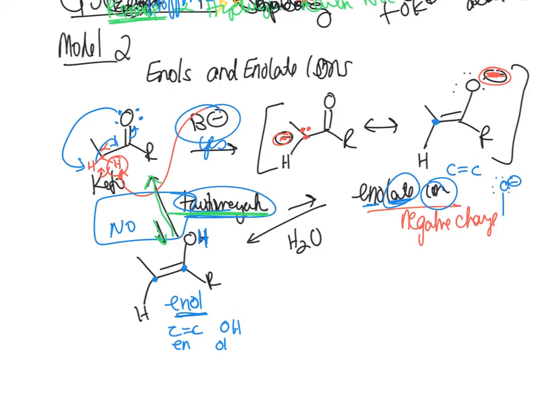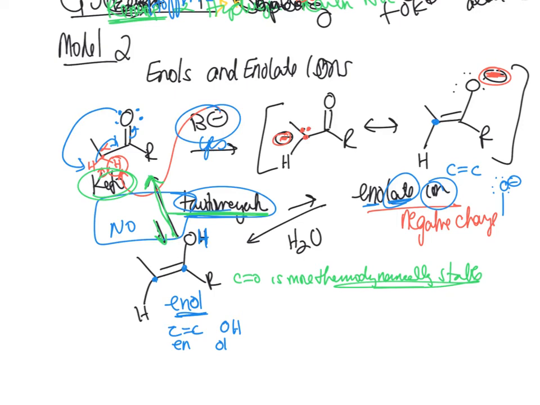Which form is favored? Obviously, here the keto form is favored. Why? You have a larger arrow. The carbonyl is more thermodynamically stable. Whenever you're talking about an equilibrium reaction, you're talking about thermodynamics as opposed to kinetics.